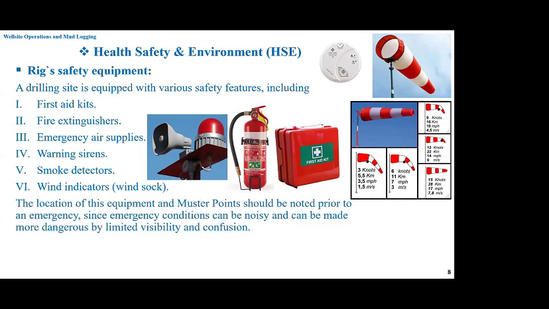Also, the muster point and the location of this equipment should be noted prior to any emergency. They conduct drills every time, for example evacuation drills, to train the personnel to evacuate in a more effective way and in a very short time.